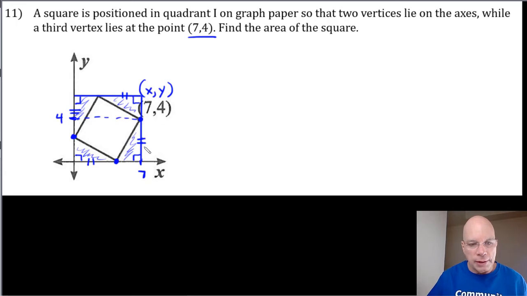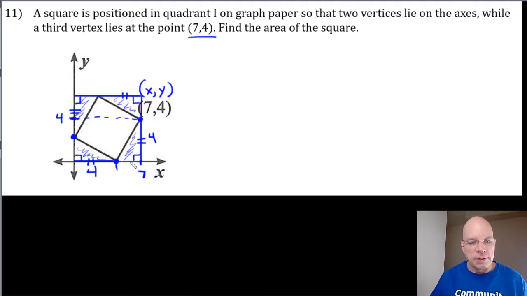And we also know the length of the leg of this right triangle because this leg is 4 above the x-axis. So this leg has a distance of 4 units. This leg right here, the corresponding congruent leg of this other right triangle, has a distance of 4 units up to that point.